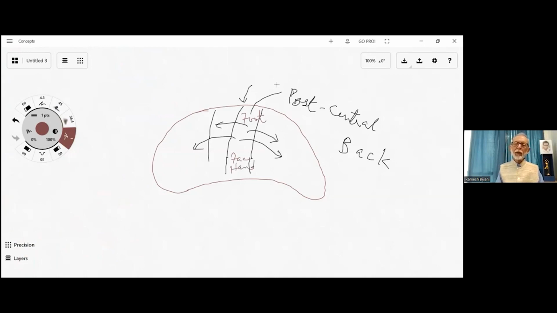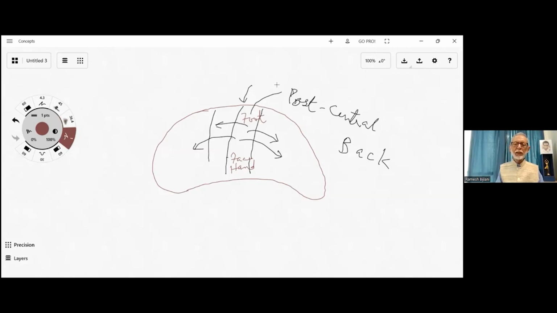Not only that, we find that the area that is dedicated in this primary sensory area to each part of the body is not in the same proportion as in the body itself. The area that it gets here is proportional to the sensitivity of that structure. For example, some of the most sensitive structures are the fingertips and the lips.